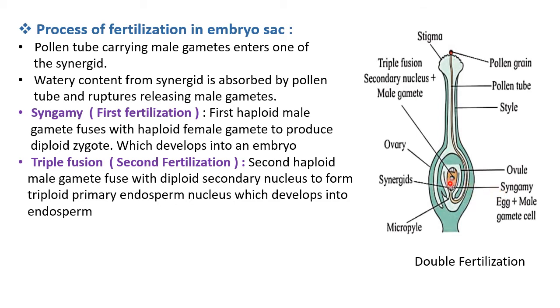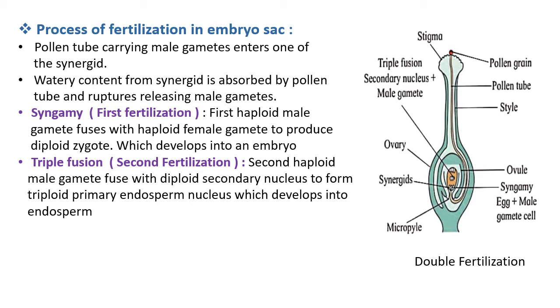The second male gamete, which is haploid in condition, comes to the center of the embryo sac and fuses with the diploid secondary nucleus. This process is called as second fertilization or triple fusion, and it produces a triploid cell called as primary endosperm nucleus.